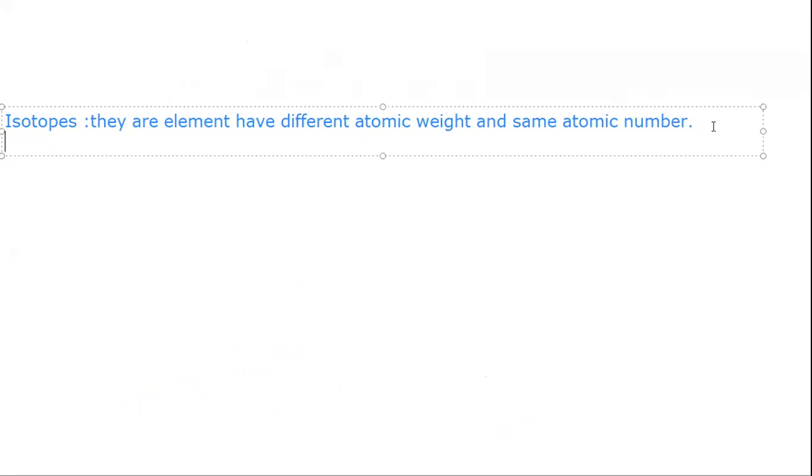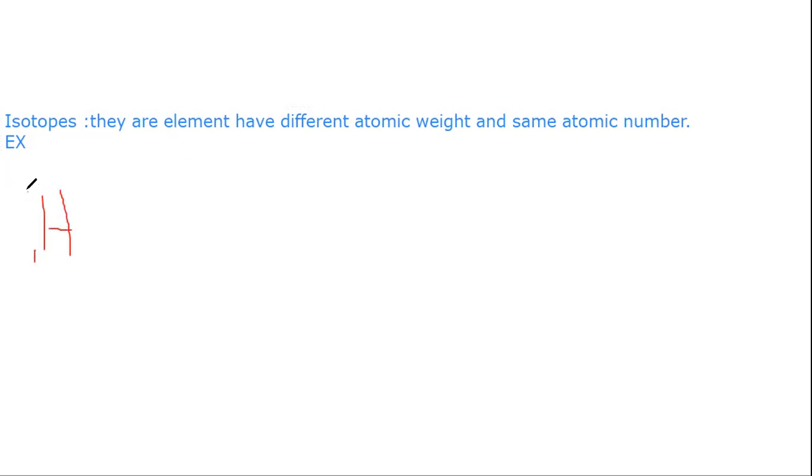As what? Example? Okay, this example. As hydrogen, for example. Hydrogen 1, 1.